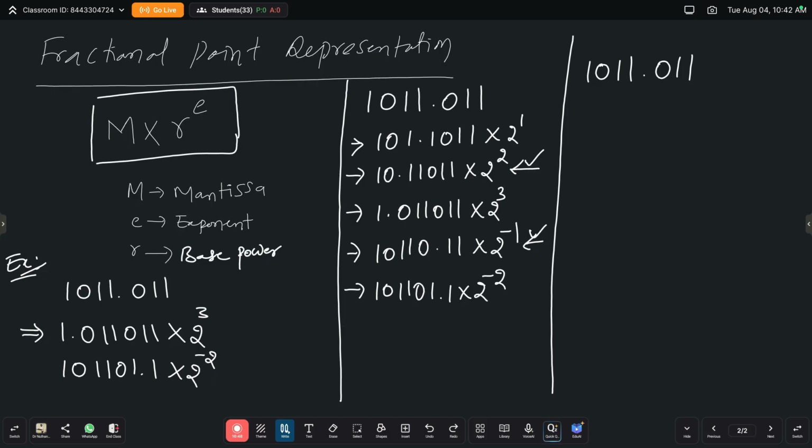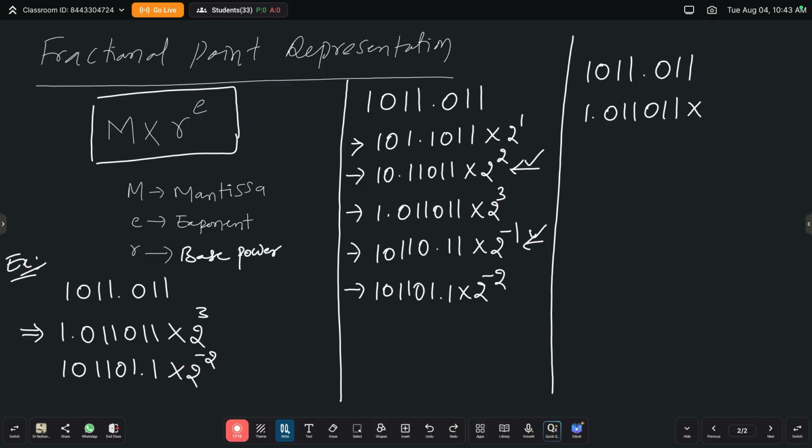To avoid these many confusions, apply the normalization. Yes or no? What is the normalization? Your decimal point must move to the left side until non-zero. So what is the non-zero? 1. The leftmost is 1, right? Then how to write? 1.011011. It was moved how many digits to the left side? How many digits? 3.